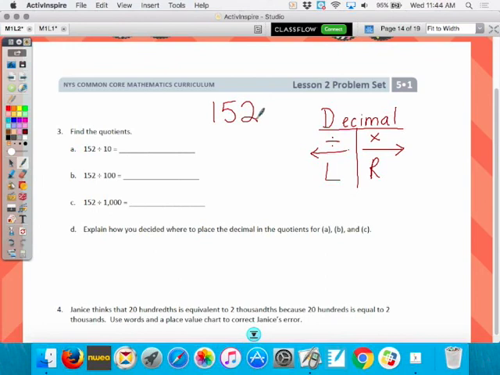The decimal operator. And we're dividing, so my decimal trick says move the decimal to the left. Where's my decimal now? After the 2. Junior, I need to know you're listening. So I'm going to move it how many place values? So I've got 15.2 for my answer.